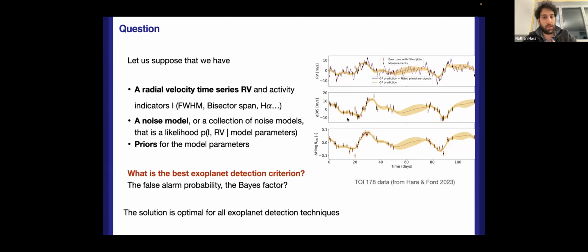So maybe you can say that the data is explained by a stochastic harmonic oscillator kernel, or a Matern 3/2, or a quasi-periodic kernel, but you have a box of acceptable models. And you have your priors for the model parameters. And so the question I tried to answer is, based on that, what is the best exoplanet detection criterion that we can think of?